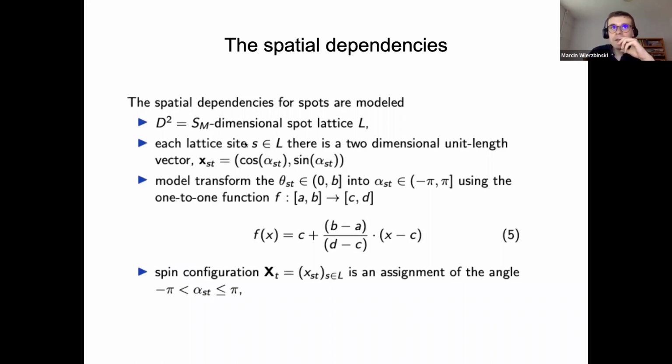And each lattice site, so each spot, has a two-dimensional unit length vector. The parameterization of this vector can be represented as cosine of theta st and sine of theta st.